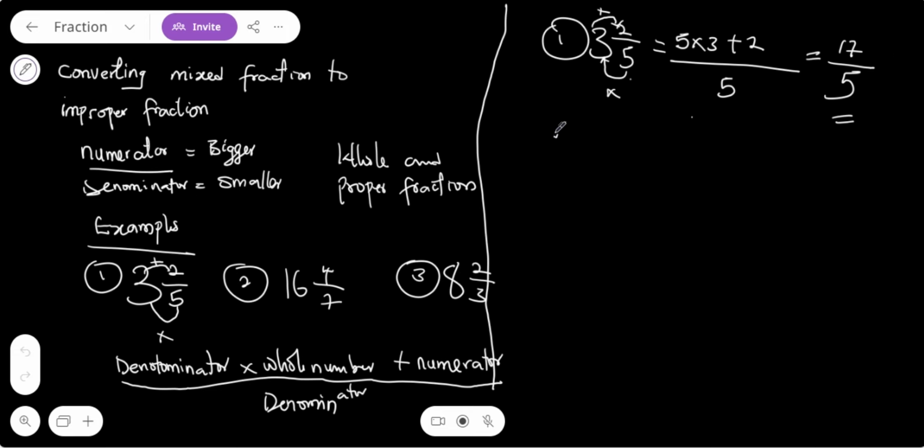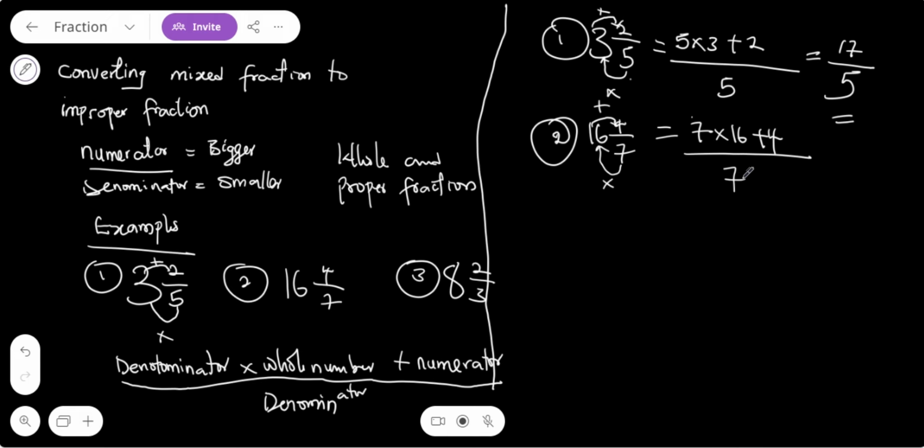Then this is an improper fraction. Another example, number 2, we have 16 whole number 4/7. The same thing. The denominator multiplies the whole number and then add it to the numerator, right? And that will be 7 times 16 plus 4 over, we maintain same denominator, which is 7. Now, 7 times 16, we have 16 multiplying 7, whichever way. 7 times 6 is 42.